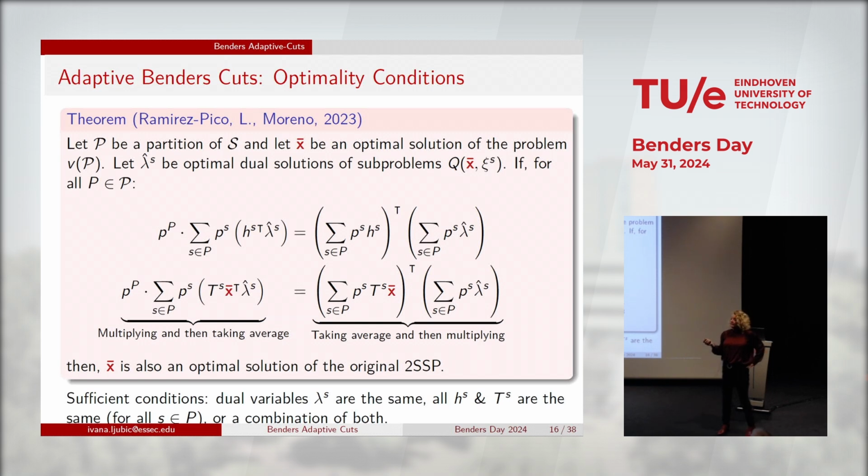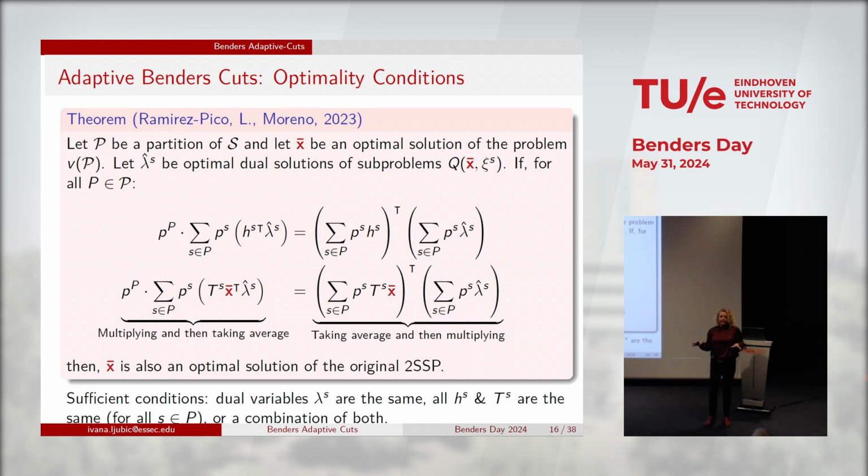This you can check easily because you just have to plug in the values that you get at the current iteration. But the question is, if this property doesn't hold, what should be the criterion based on which we refine partitions? I was starting with a given partition, and it's not true everywhere. So how can I split them now?